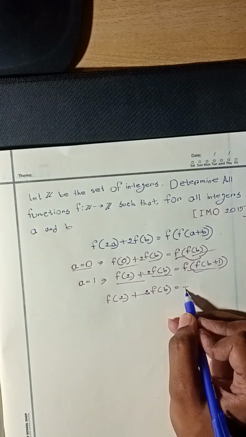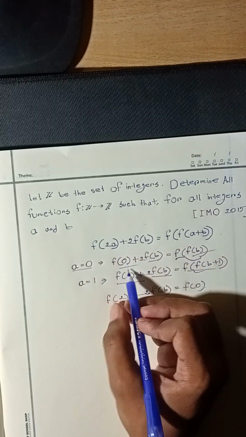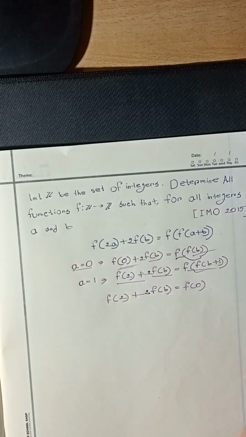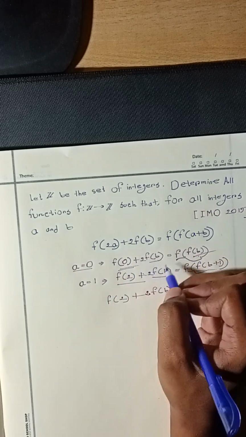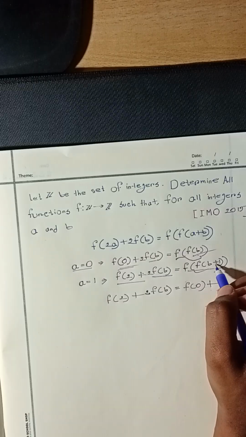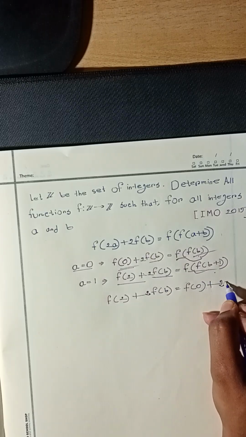So f(0) at first, I will write it from the first functional equation. Here f(0) plus f(b) gets 2f(b). Then f(b + 1) would obviously be 2f(b + 1).